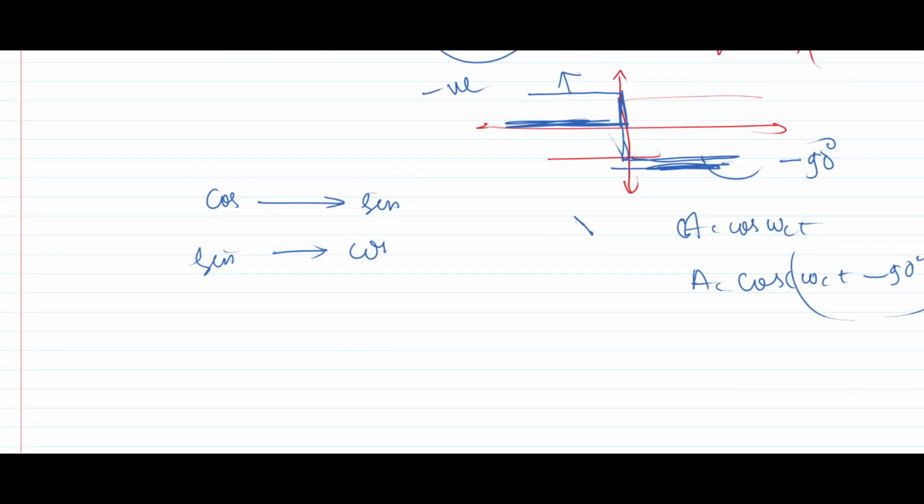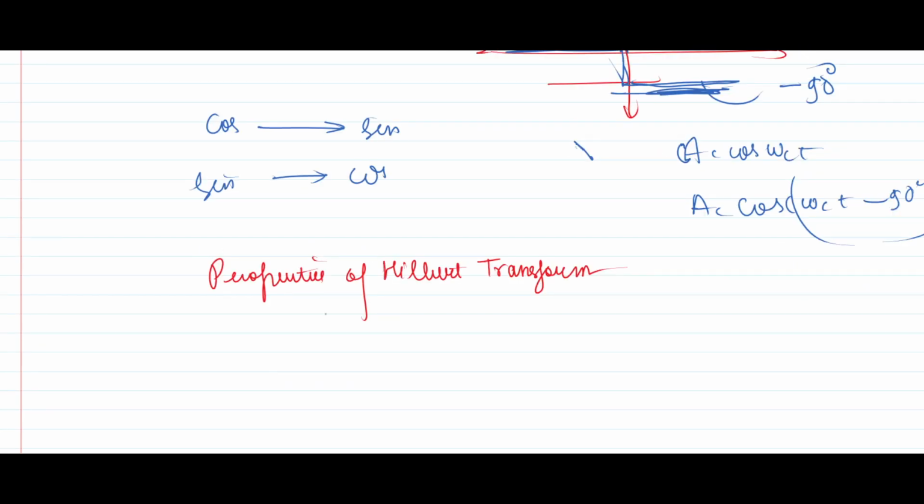Okay, so I'll tell you some of the basic properties of the Hilbert transform. Some of its really simple properties include that for Hilbert transform, energy and power remain the same. Like if you have x(t) and x cap t, for these energy slash power remains the same.